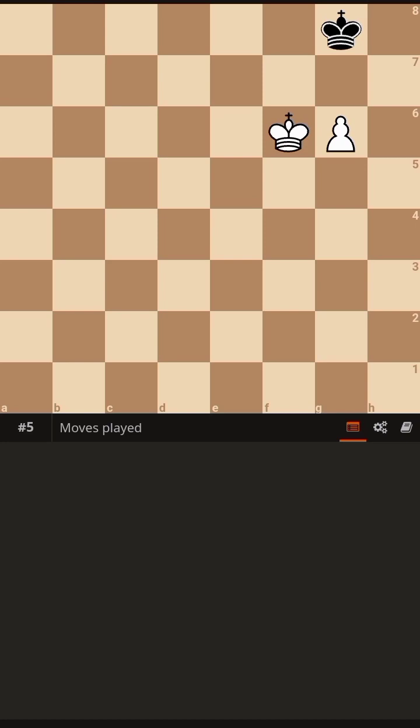Let's see an example of a non-rook pawn. Here white pawn on g6, white king on f6 and black king on g8. If it is white to move, then g7 wins for white. On the next move, the black king has to move to h7 and allow the white king to take the f7 square to promote the pawn on the next move.